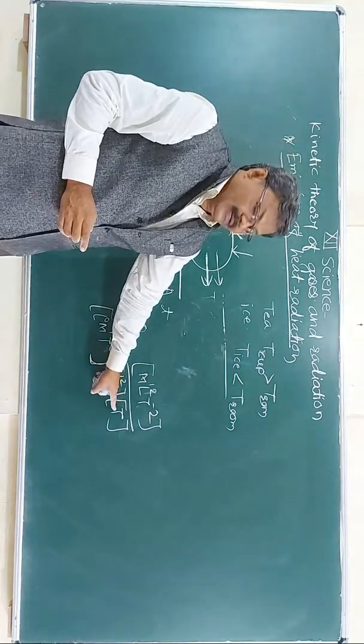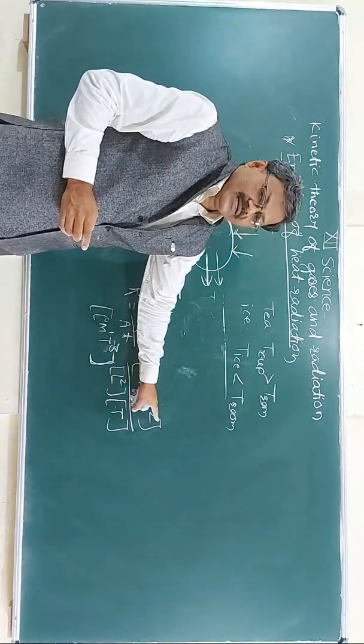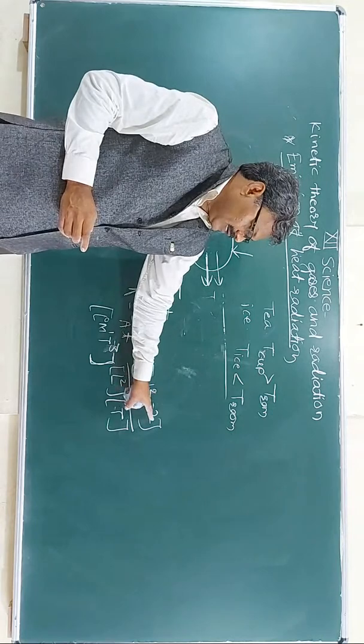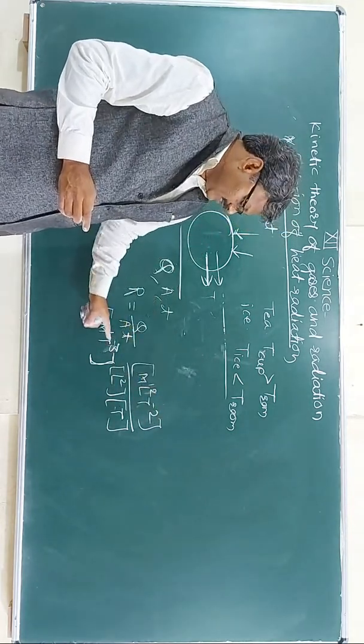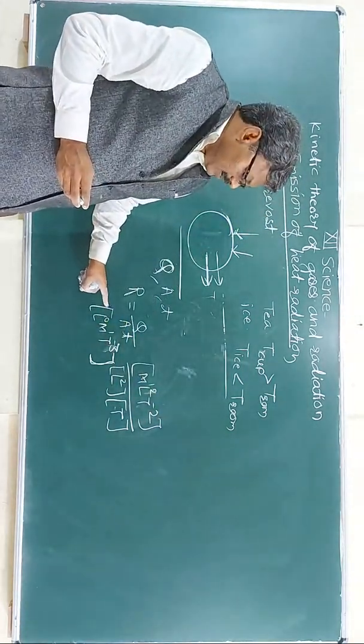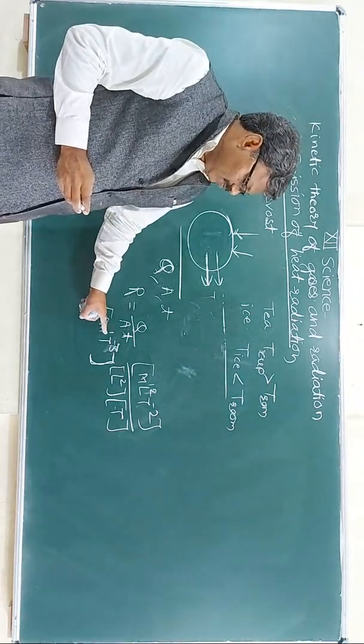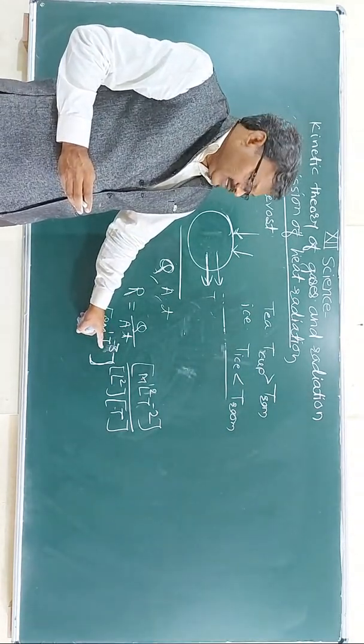The T^1 is taken in the denominator, so it is actually T^-3. Therefore, the dimensions are L^0 M^1 T^-3.